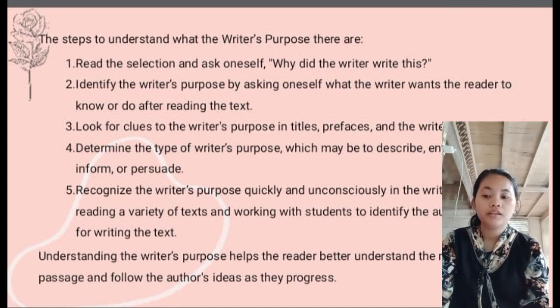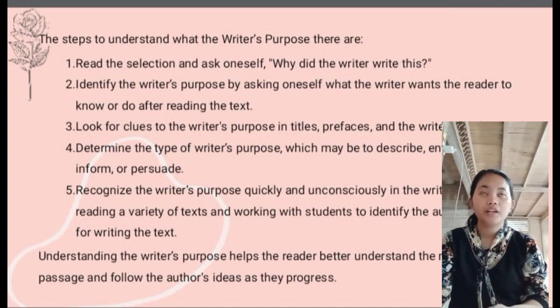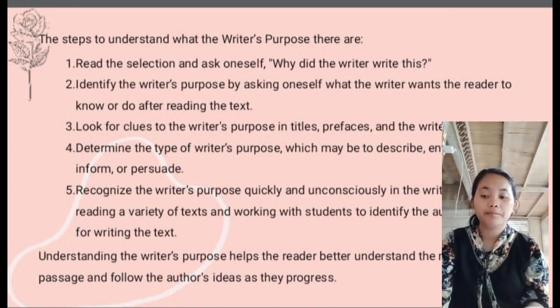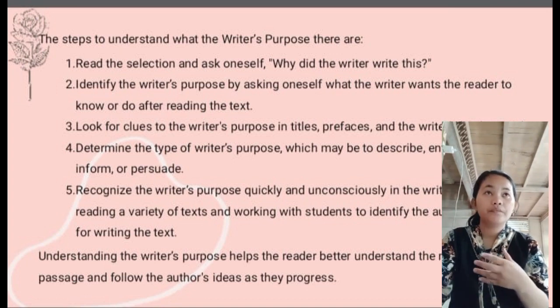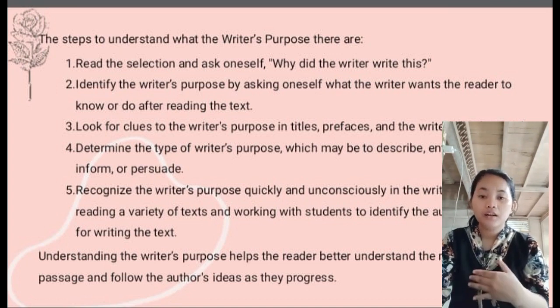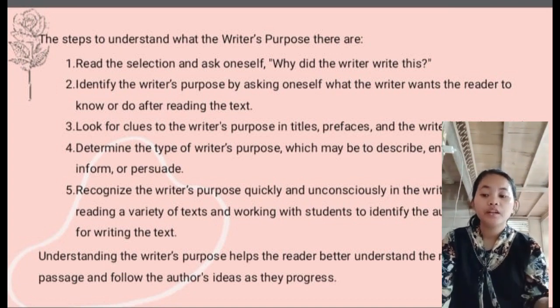That is the first tip. After that, we identify the writer's purpose: we ask ourselves what the writer wants the reader to know after reading the text.